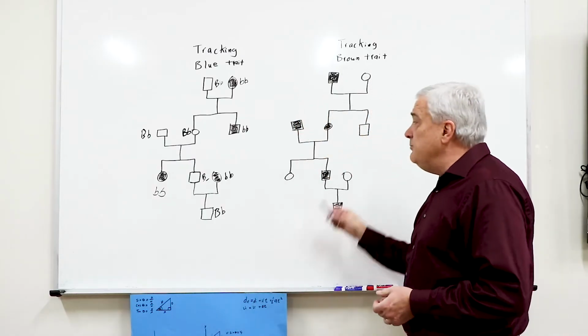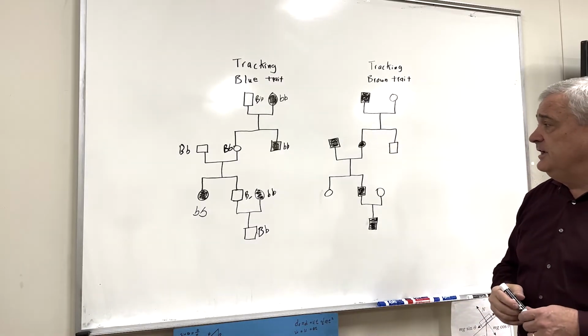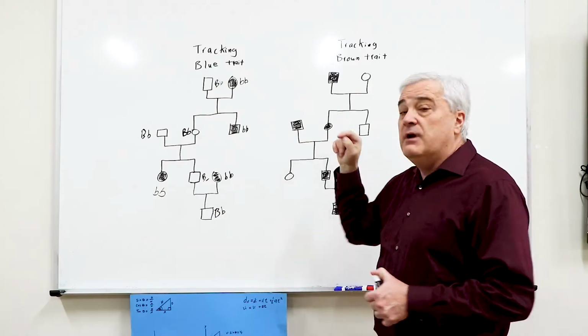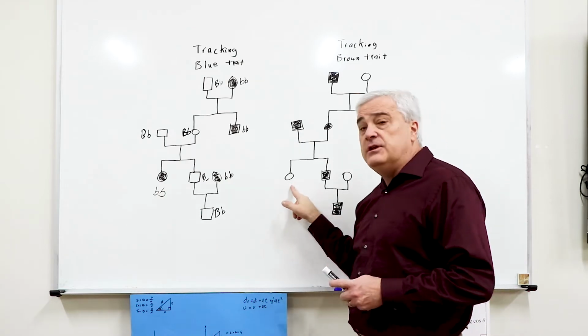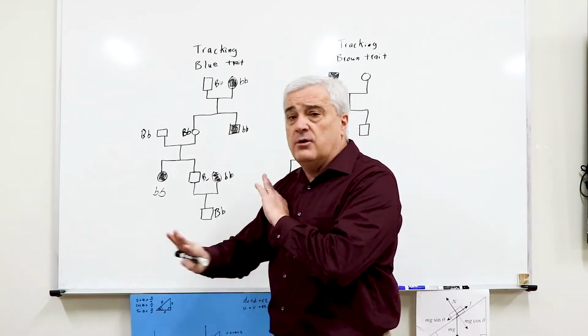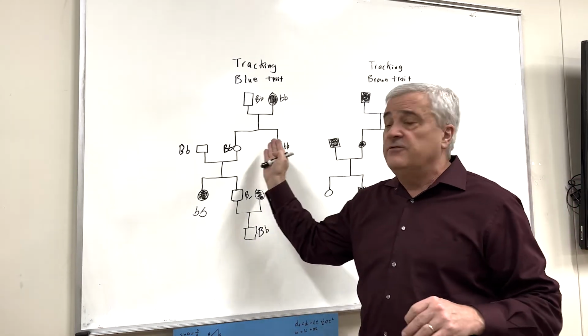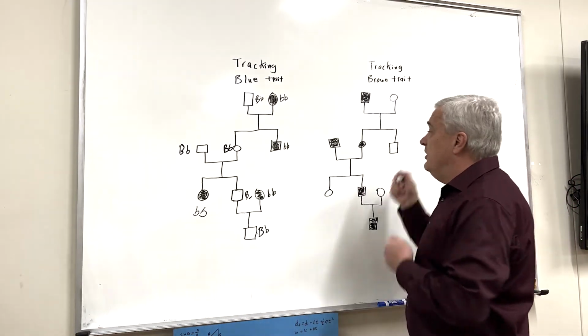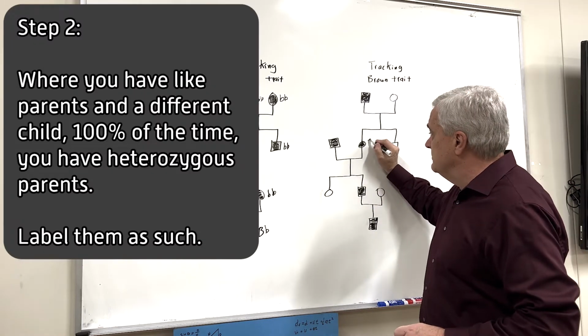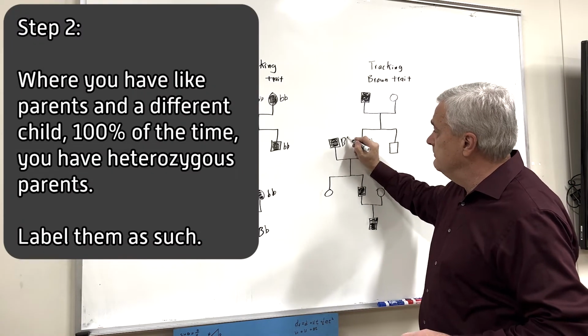If we do the same people looking at a different trait, now we have parents who have the trait and a child that is different 100% of the time. No matter whether we're tracking the trait and find parents with it, or we're tracking the trait and find the child with it, these guys are still heterozygous, big B, little b.